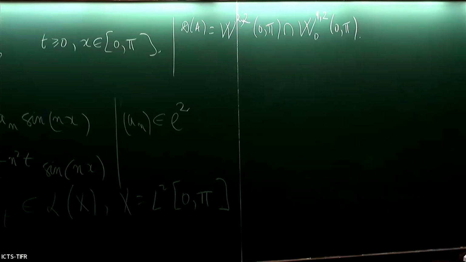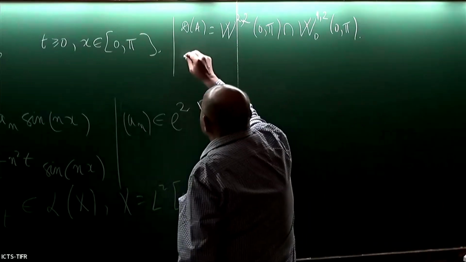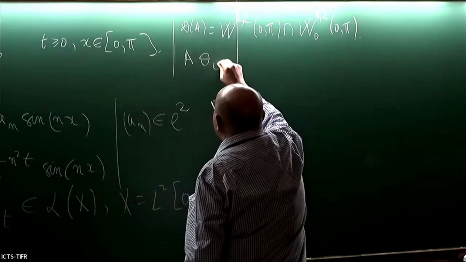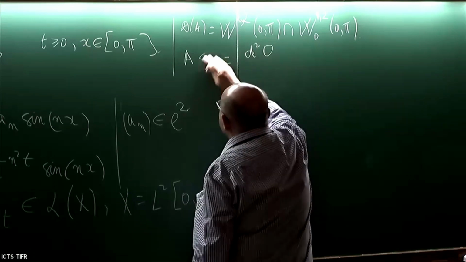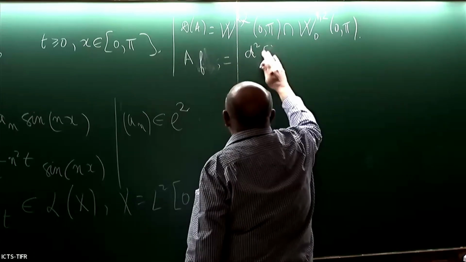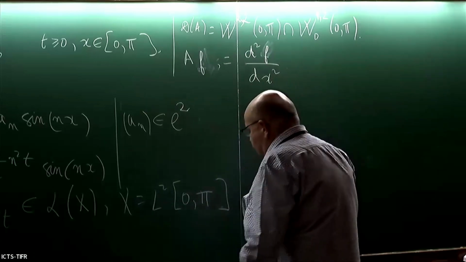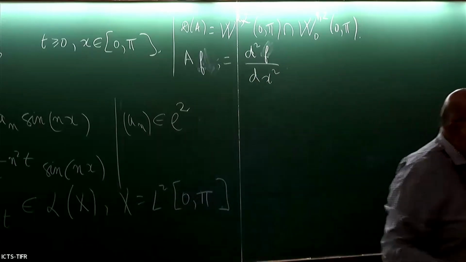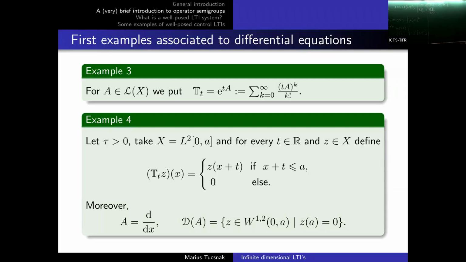But it's for reasons which are not purely notational ones. And A theta f will be d2f over dx2. So this is the generator of that semigroup. And a way to establish it is that I find first the semigroup, and then I find the generator, which is not the most standard one.